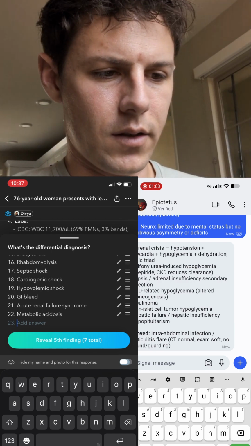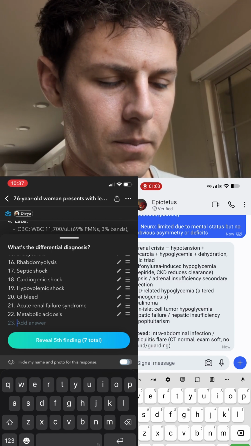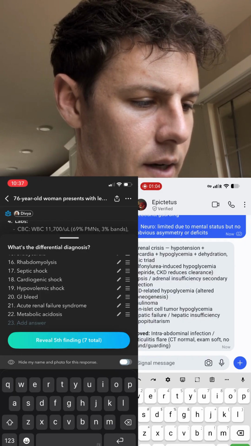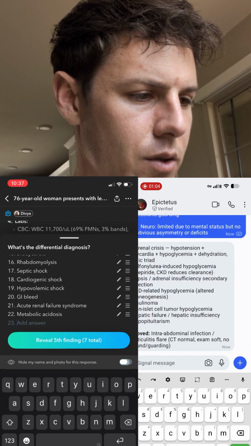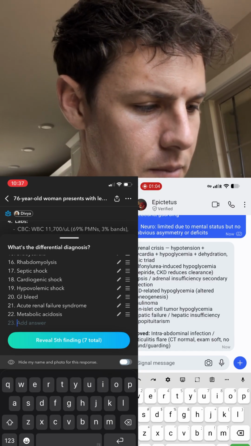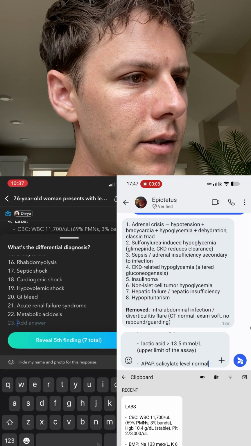We also have to consider type A versus type B lactic acidosis. Type B would be metformin-associated lactic acidosis versus type A, which is the one that's associated with hypoxia and sepsis. Let's see what the AI says.